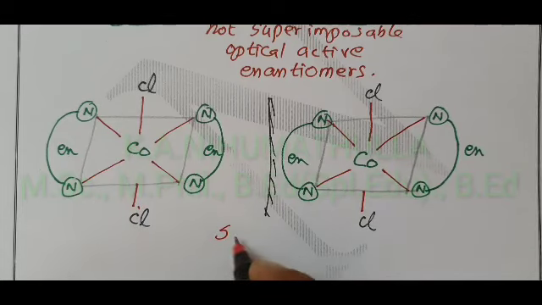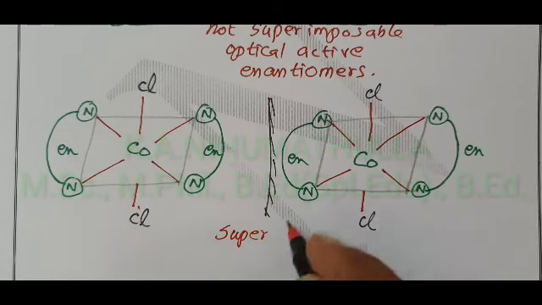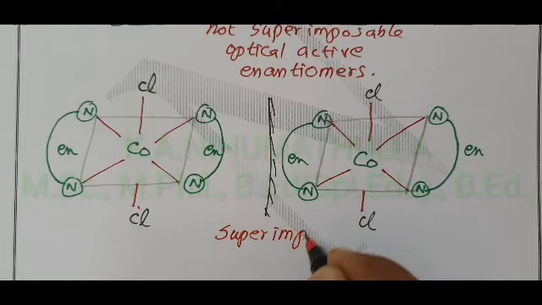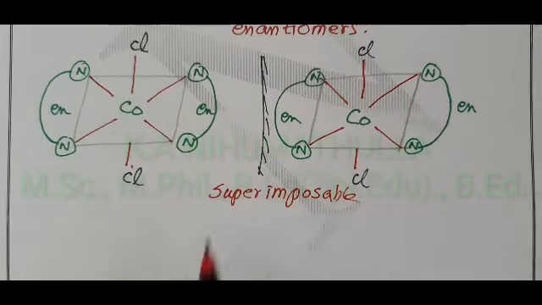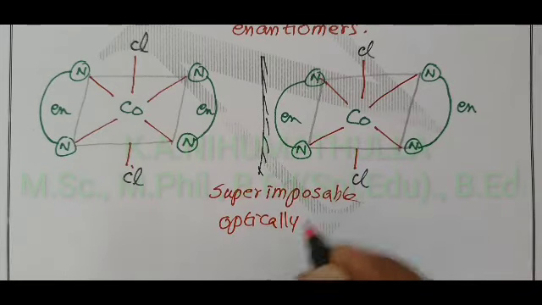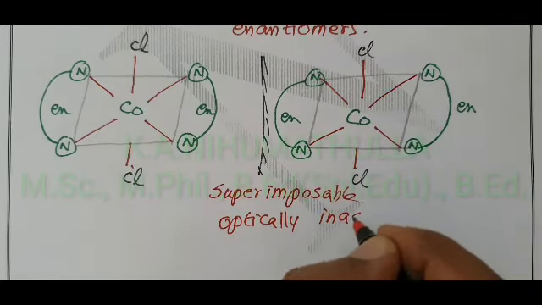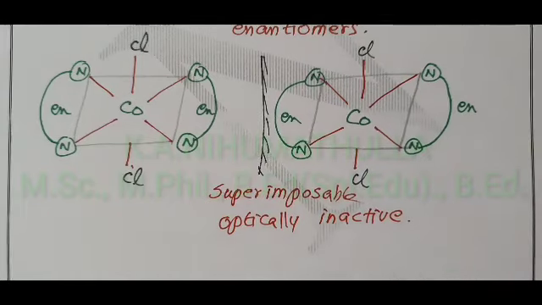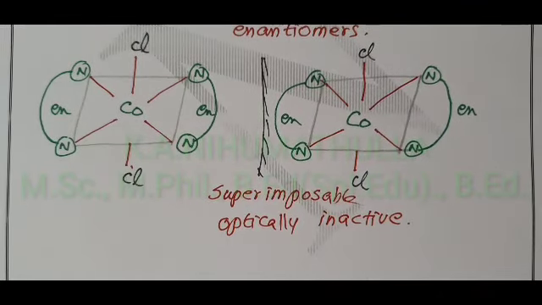When you place the image on the compound, it is completely superimposable. If it is superimposable, it is an optically inactive compound. So remember that in octahedral complexes, only the cis form is optically active, the trans form is optically inactive.